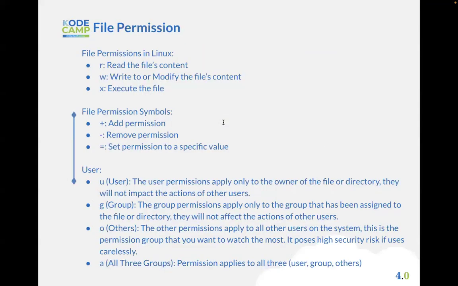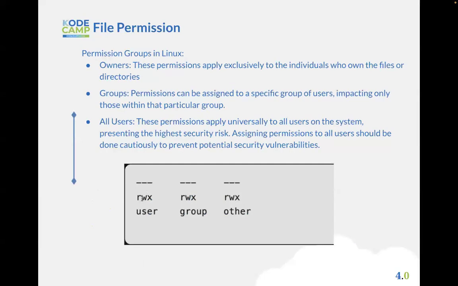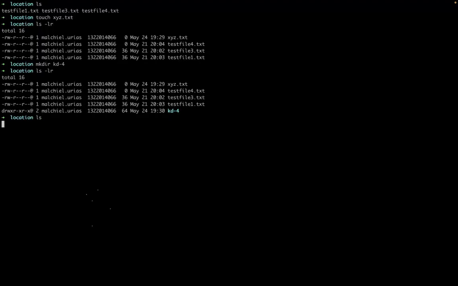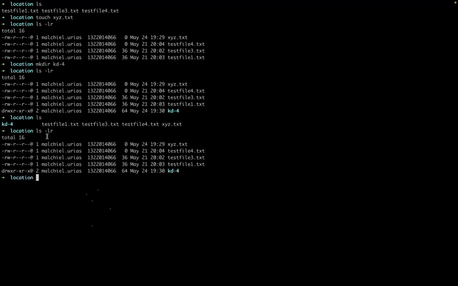So we have different permission groups. We have the user, the owner of the file, you have the group that is associated with that file, and then you have everybody else. These three. If I list, I just see the files. But if I list everything, I can see these three different things here.